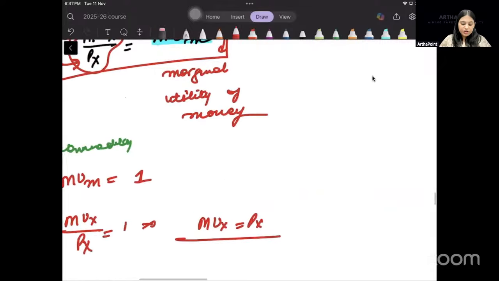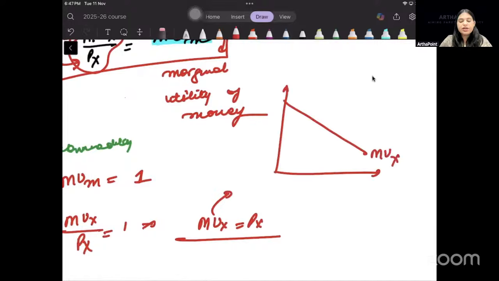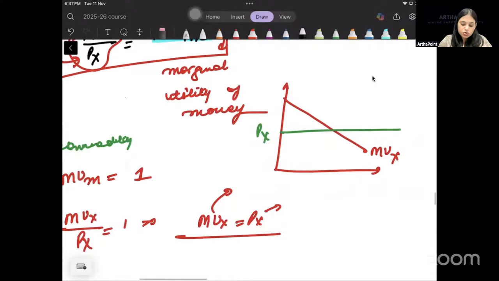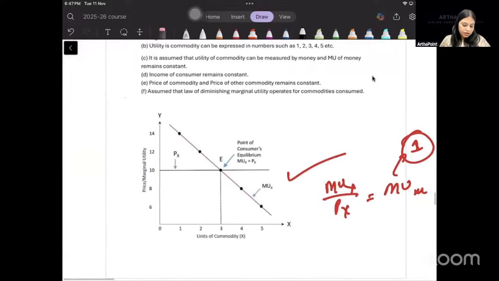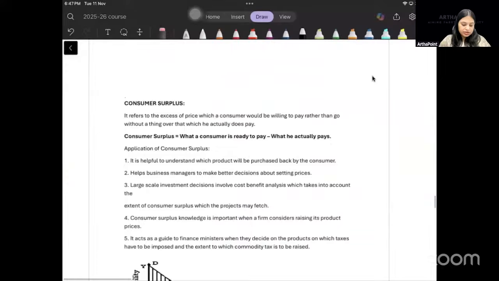We know MUx is declining, diminishing marginal utility. Suppose Px, because the price is given to us by the market, is some constant value. So wherever these two become equal, that will be my equilibrium consumption. This is where I can find my equilibrium consumption. Okay, then you can read this.